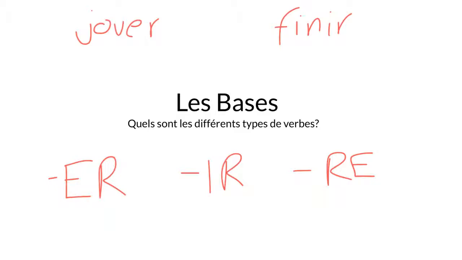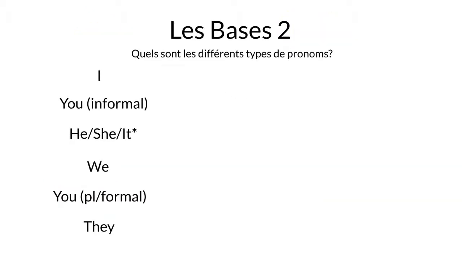With each type of verb, there is a different way to conjugate in each tense. In French, not only is the conjugation dependent on the tense of the verb, but also the pronoun that will come before it. These are the main types that you will need to know. I is je.